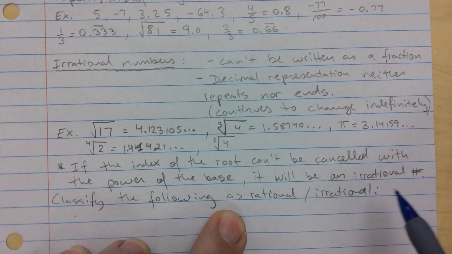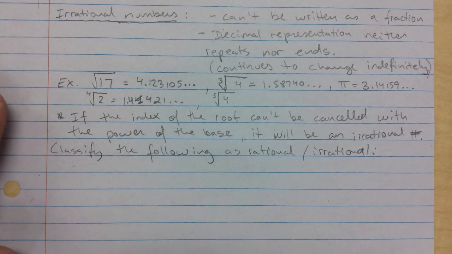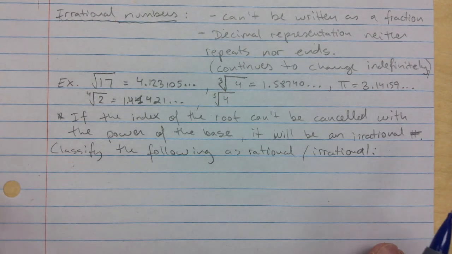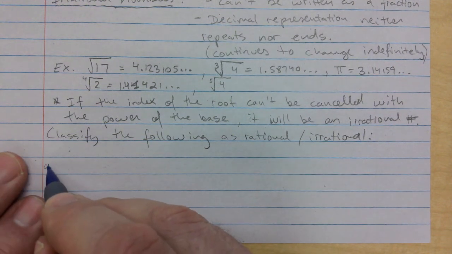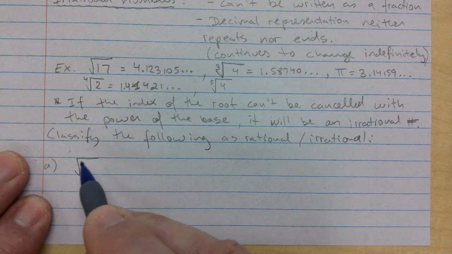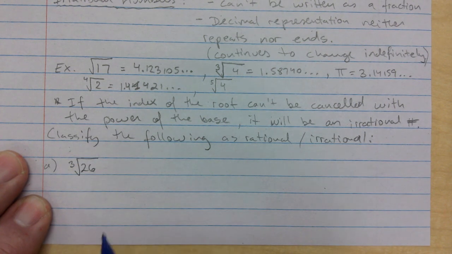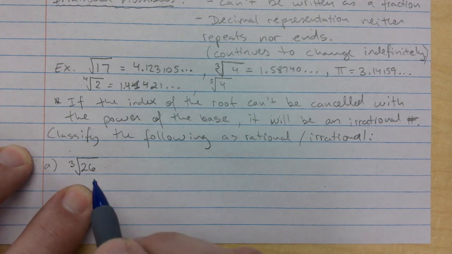And we'll kind of learn how to do this. Just like with the factoring, we have to kind of go through which one is a PST, which one is a DOS, which one required the matrix. You have to kind of navigate through, right? And so let's say you have cube root of 26, and we're asking you, is this rational or irrational?